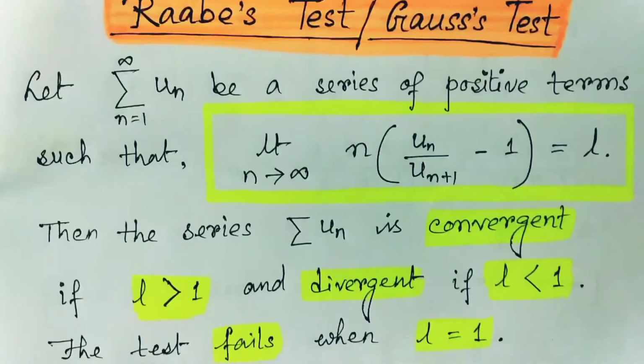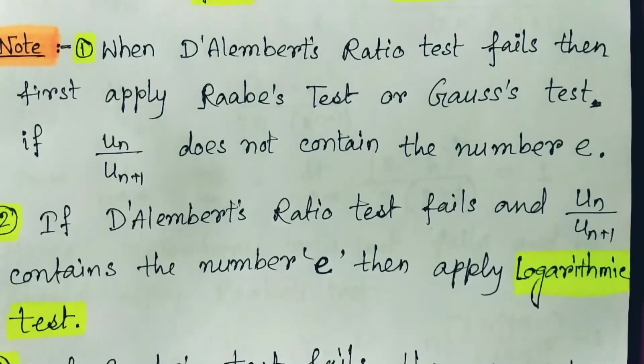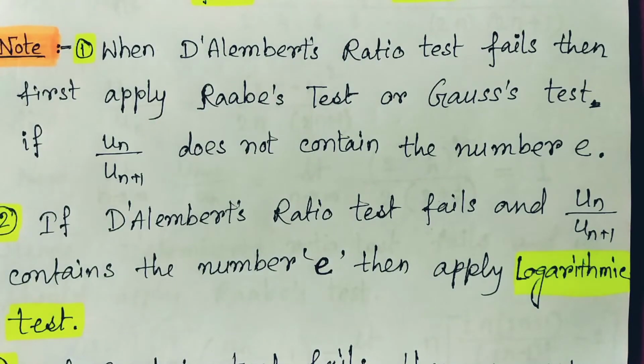So first, a few things which we should note for this Raabe test. Number one, I already told you that when D'Alembert's ratio test fails, then first we apply Raabe test or Gauss test.